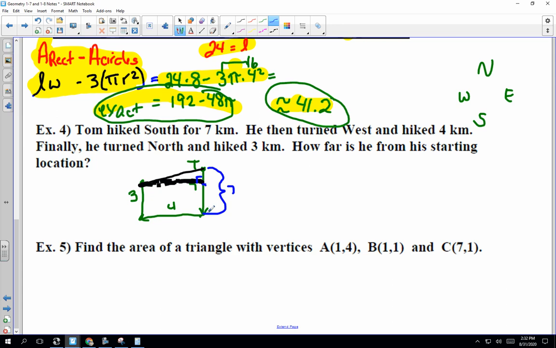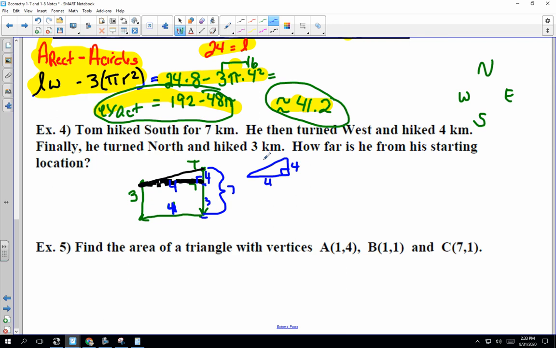This from here to here is 3. And then this has to be what's left after I take up 3 of the 7. Okay, this distance is 4. So this distance here has to also be 4. It's like a little rectangle. So if this is 4, then the top is 4. So then I've got a nice little rectangle. It's 4 by 4.